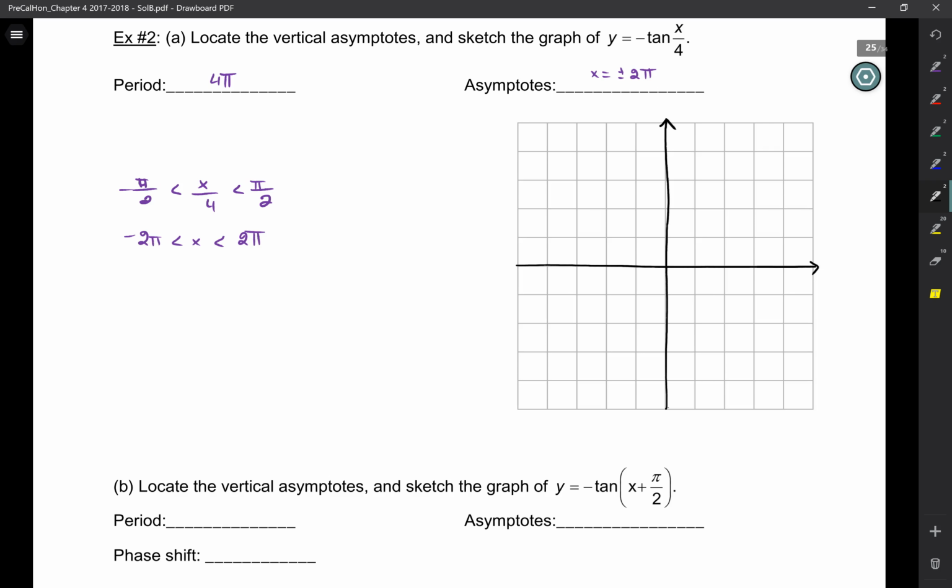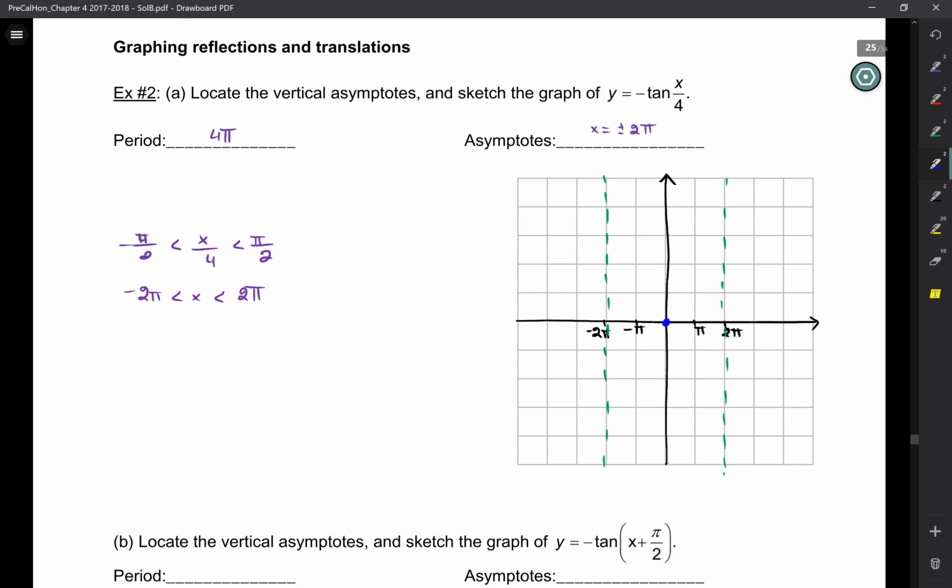Now, we're going to go from negative 2 pi to 2 pi. Okay, I have asymptotes here. At 0, tangent of x over 4 is 0.